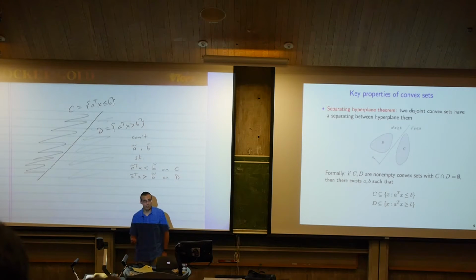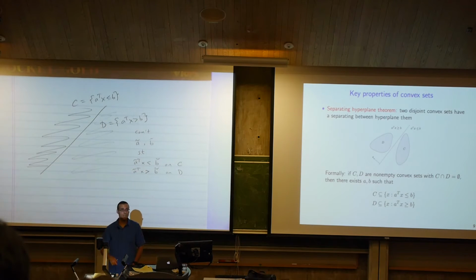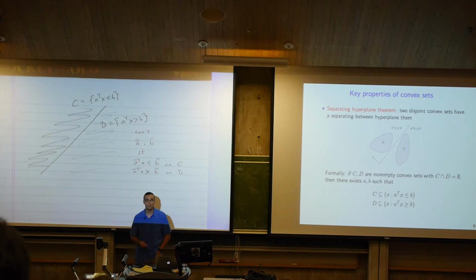This may be a surprise to you, but even if C and D were both closed, still not possible. Okay, so here D is open. Even if C and D were both closed, still not possible to find a strictly separating hyperplane. And convex. We're going to keep convexity. Anybody have an example for that?